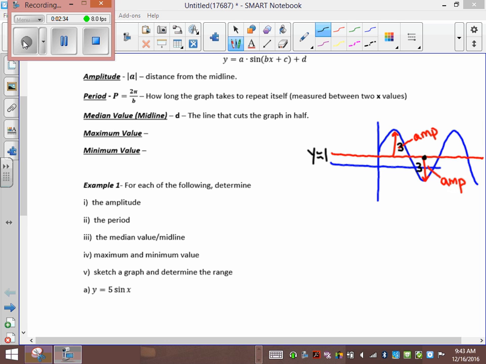If I take the midline and add the amplitude, I get the maximum. If I take the midline and subtract the amplitude, I get the minimum. So how can I write that? I can say, if I take the midline and add the amplitude, or if I take the midline and subtract the amplitude. That was what we said, correct?